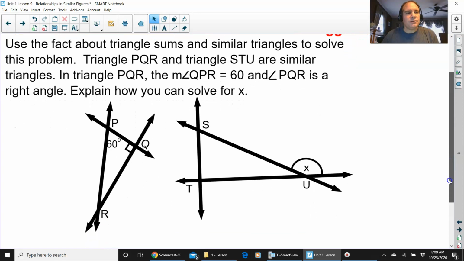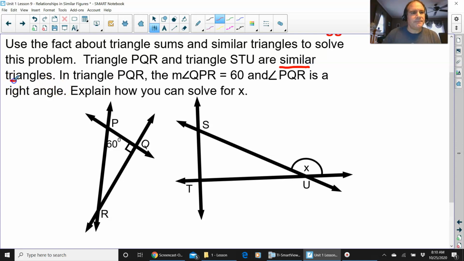All right, so it says use the fact about triangle sums and similar triangles to solve the problem. Triangle PQR, which is this one, and triangle STU are similar triangles. So right now they're telling us that they are similar.